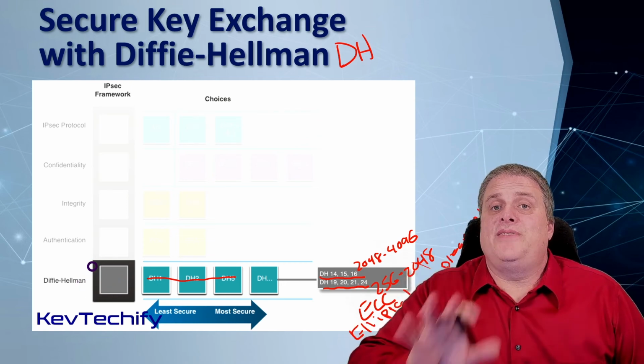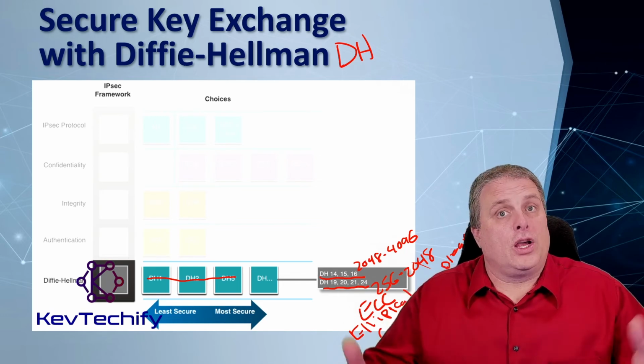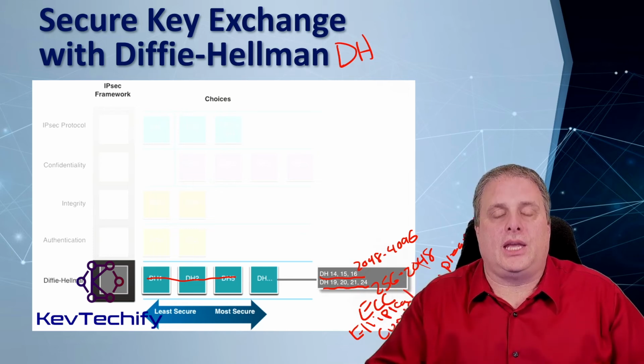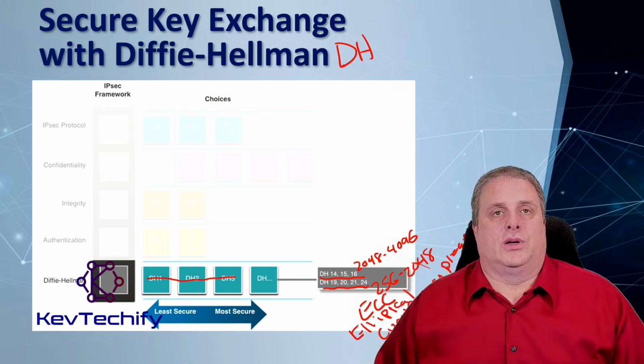Because it handles the Diffie-Hellman in a different method, we don't have to have as long keys. Plus, it reduces the time needed to generate the keys. It's a lot quicker Diffie-Hellman group than the other ones.